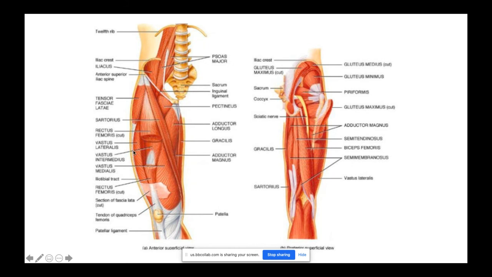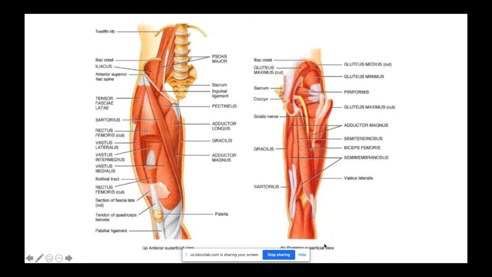There's the vastus lateralis here. There's the vastus intermedius here. That's 3. And then the 4th is this one that's cut. That's called the rectus femoris. So the 4 quadriceps are the 3 vastus sisters, vastus medialis, vastus lateralis, vastus intermedius, and the most superficial rectus femoris. Those are the 4 quads. Those are in front of the thigh.